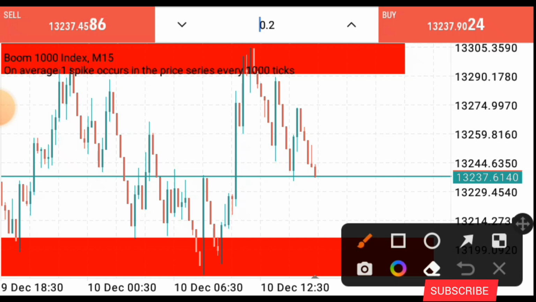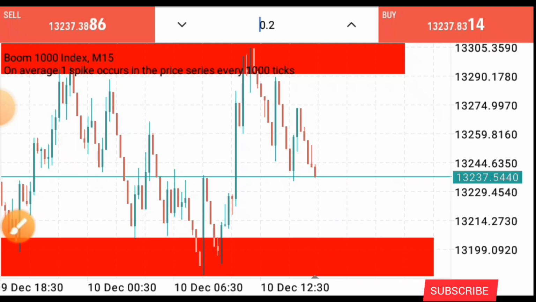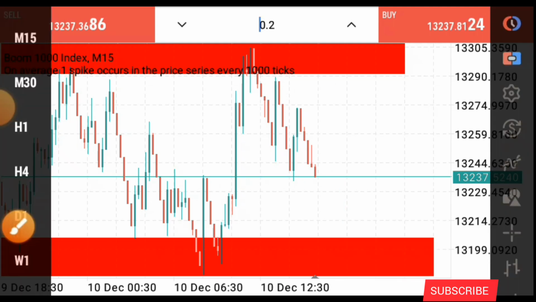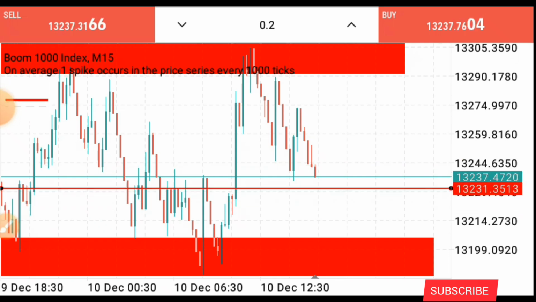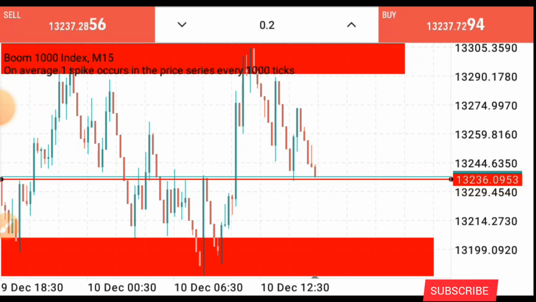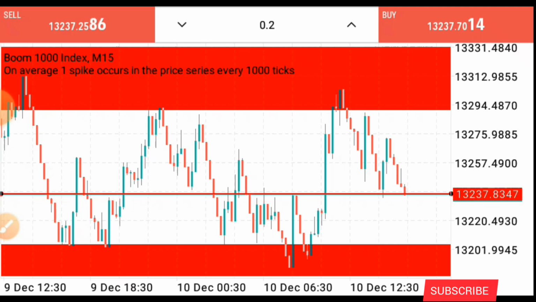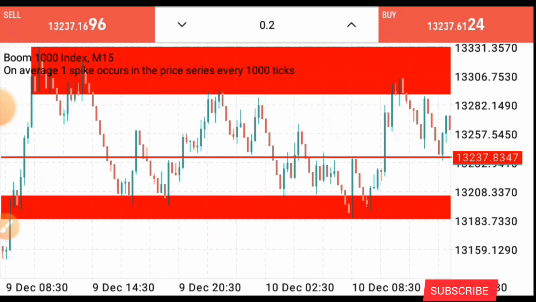As you can see, price is currently heading down right now. There is a minor support and resistance zone right here. The price might bounce off. I can spot a minor support and resistance zone here that the price may bounce from.